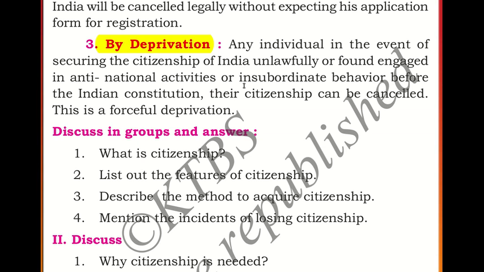So if any person has gone through unlawful methods to become a citizen of India, or after securing the citizenship, if they are found to be engaged in anti-national activities or insubordinate behavior. Insubordinate means something that does not follow the law. According to the Indian Constitution, their citizenship can be cancelled. This is called forceful deprivation.